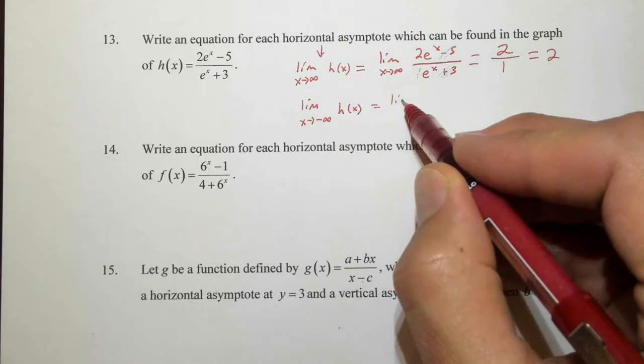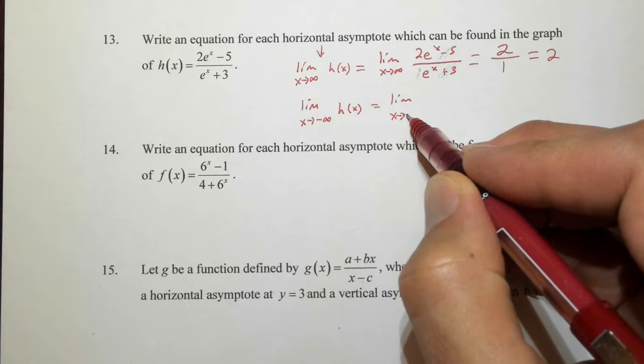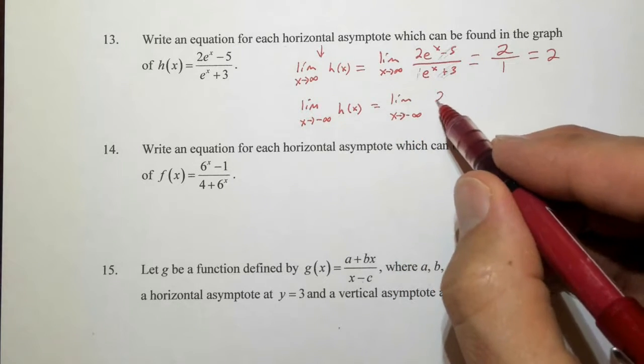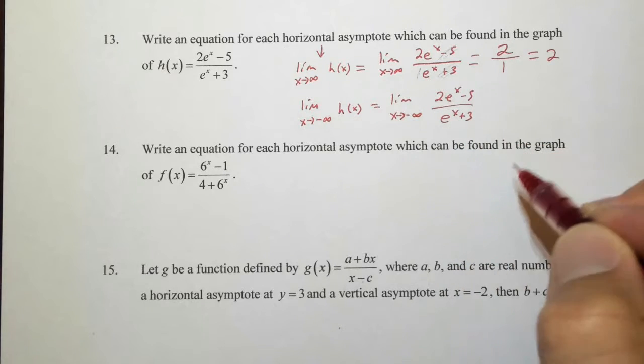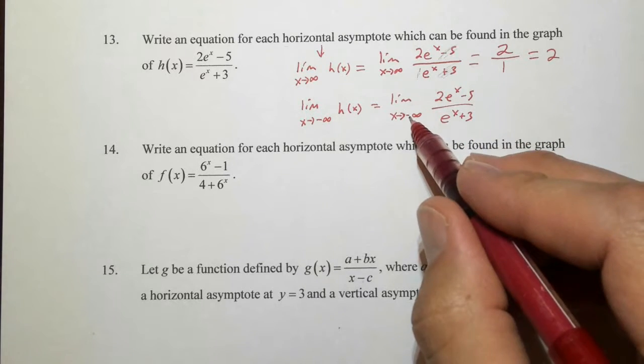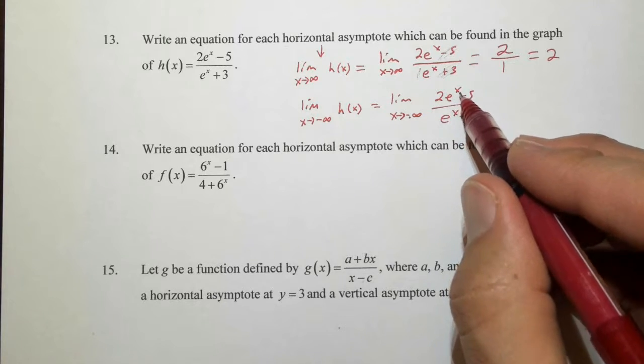That means we're looking at the limit as x approaches negative infinity of (2e^x - 5) over (e^x + 3). We talked about negative infinity on the other side of the homework.